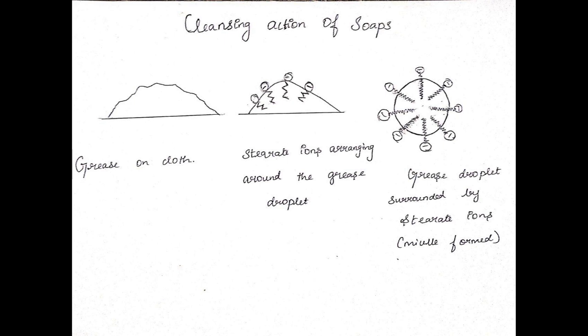So with the help of this non-polar tail, we are able to penetrate these grease particles and make them dispersed. And the polar head will be miscible with water. So instantly the grease droplets are surrounded by the stearate ions and thereby the micelle is formed. Okay, so that it can be easily cleaned.